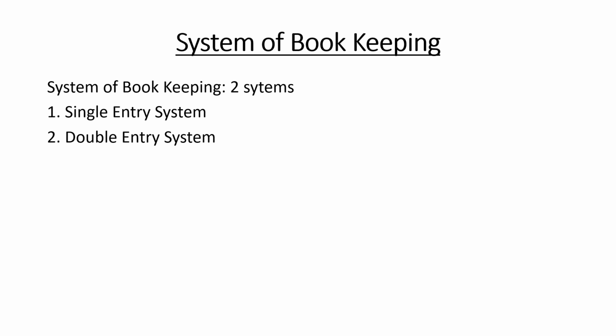The disadvantage of the single entry system is that since all records are not kept, the system is not reliable, and it is used only by some business firms. Generally, all business firms follow the double entry bookkeeping system. The double entry system is the twofold aspect of a transaction.